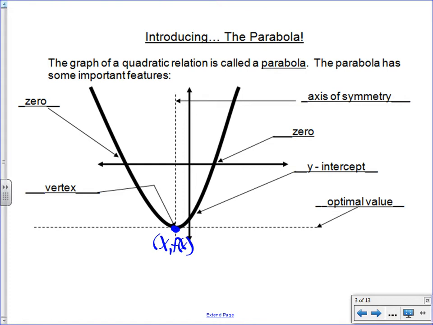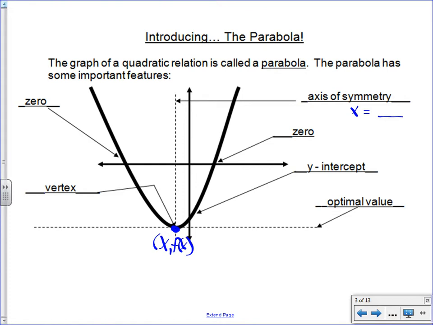This line here that splits it in half, so it's a mirror. So it's symmetrical. This line here, we call that the axis of symmetry, and you're going to tell me that axis of symmetry, and it will always be in an equation x equals some number. And we're going to talk about that number. Austin?